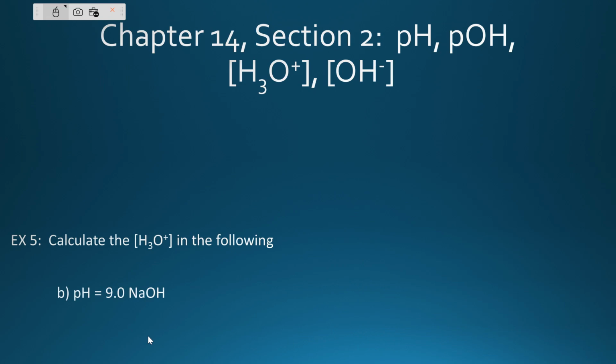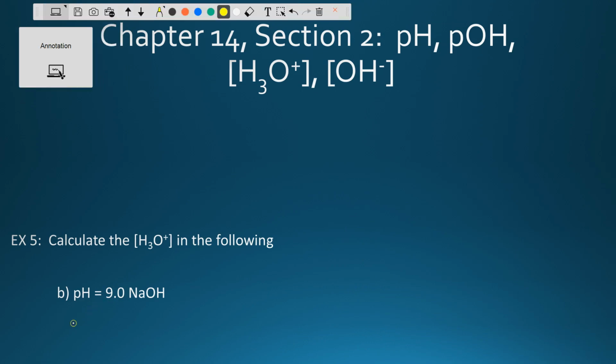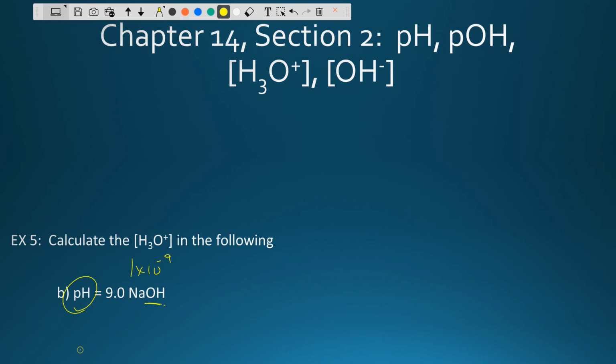Okay. Now I see I have a value of exactly a whole number. So if I see a pH of 9, then I'm okay. But be careful, this is my hydroxide, okay? Because I'm taking a look at the pH being exactly 9, my pOH then would be, what would that be?